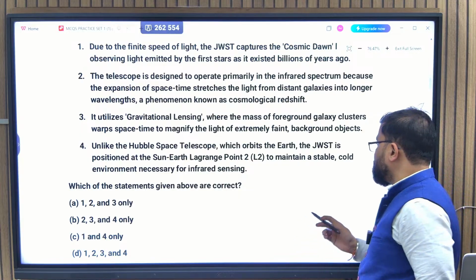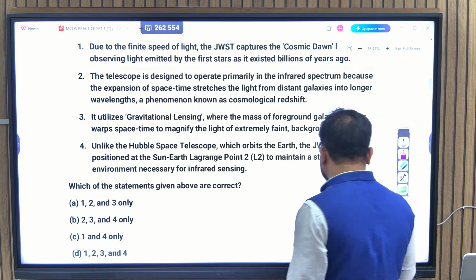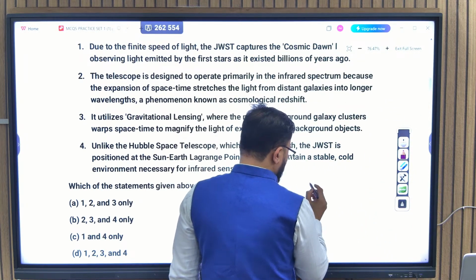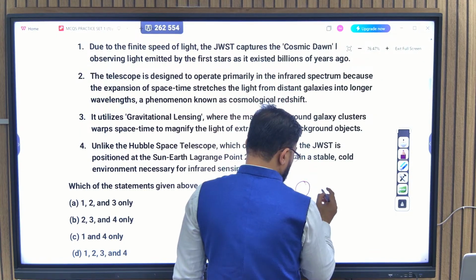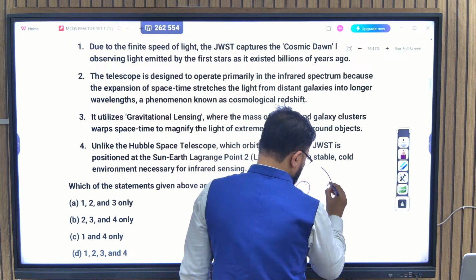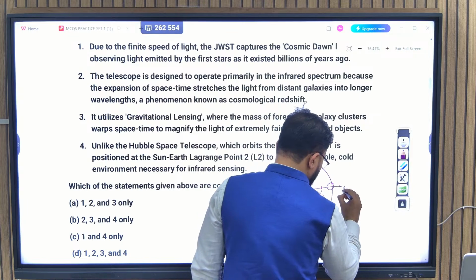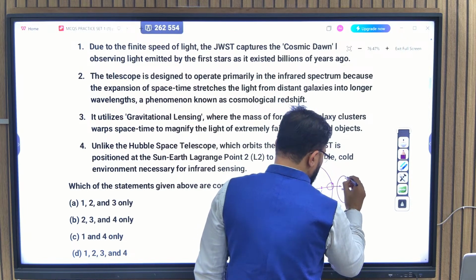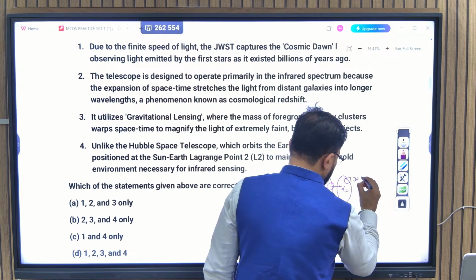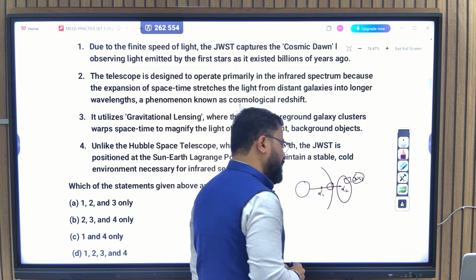Okay, let us see. We have discussed the James Webb Space Telescope. Suppose this is the Sun. This is Earth. Here we have a point L1, Lagrange point. This is your Lagrange point L2. So in this halo orbit, James Webb Space Telescope is positioned at Lagrange point L2.